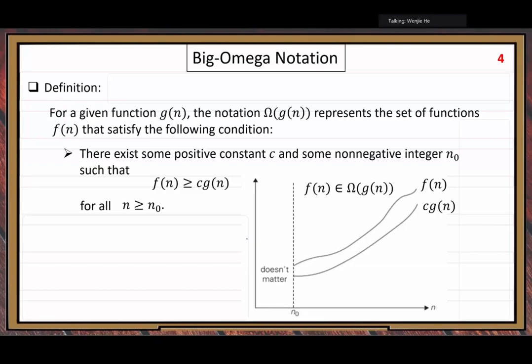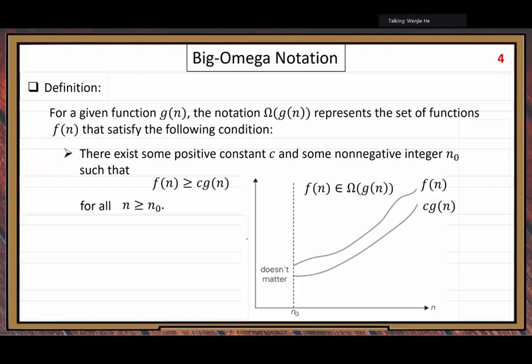For n less than n0, that part is not important. Which one is larger, which one is smaller, doesn't matter. So this is our second definition of asymptotic notation. One upper bound, one lower bound. Then our last one.